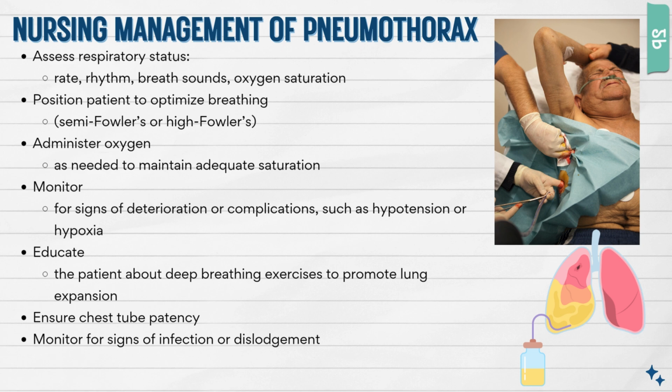It's super important that we educate our patients on the importance of deep breathing and incentive spirometry because we want to be expanding and opening the lungs up as much as we can. Again, it's going to help with re-expansion and prevent atelectasis of the lungs. Okay, be sure you're vigilant on watching the chest tube function if one is in place, and ensure the drainage system is set up correctly and functioning as intended.